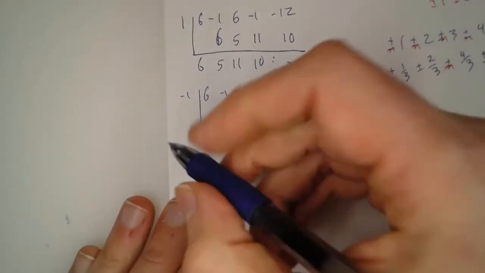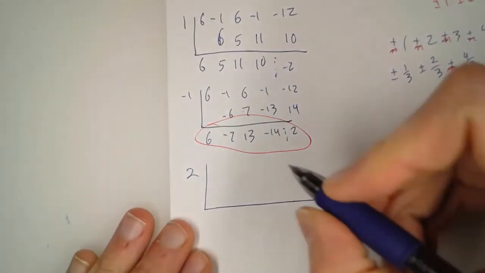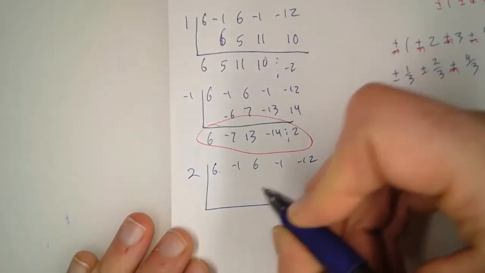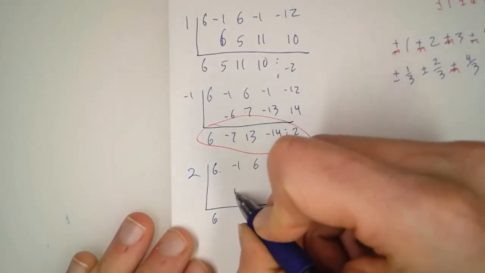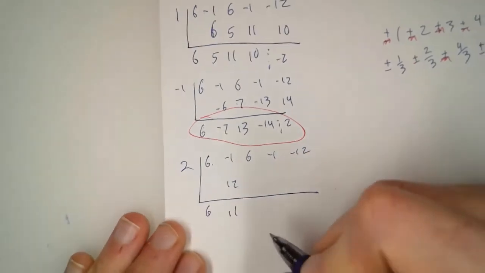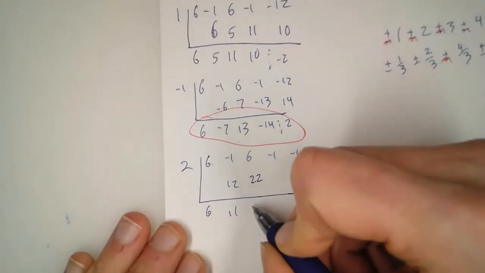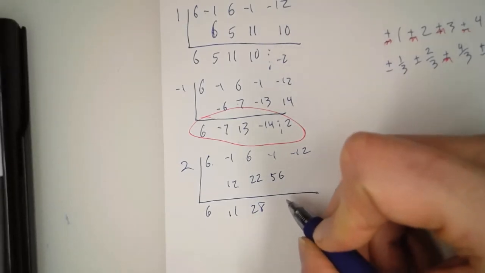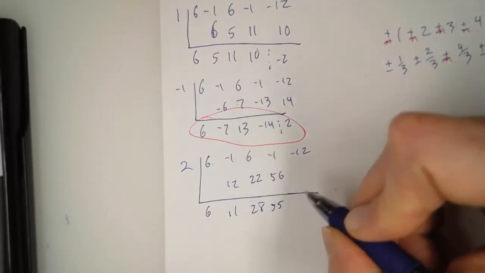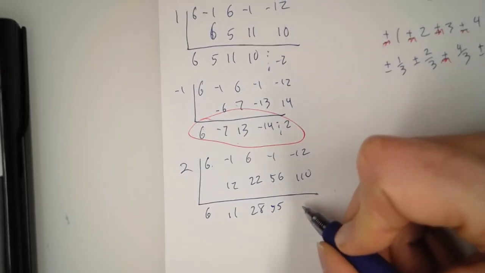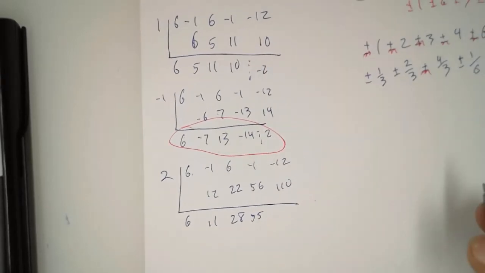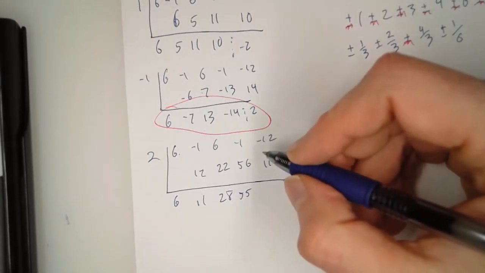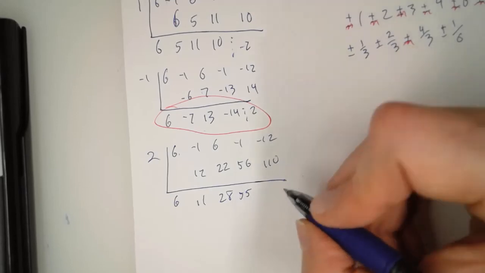So now let's try 2. So bring down the 6, times 2 is 12, which is 11, times 2 is 22, so that's 28, times 2 is 56, that's 55, so that's 110, and now we've got something. 110 minus 12 is 98.